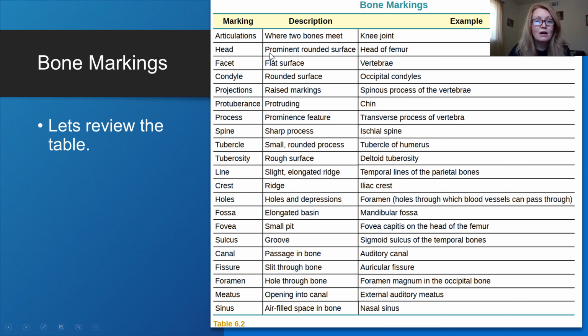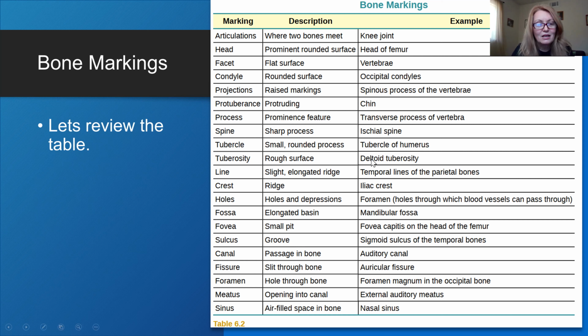So if you know that head is a prominent round surface, you're looking at this round structure, and probably it's going to be on a long bone, in the epiphysis, because it's a head.